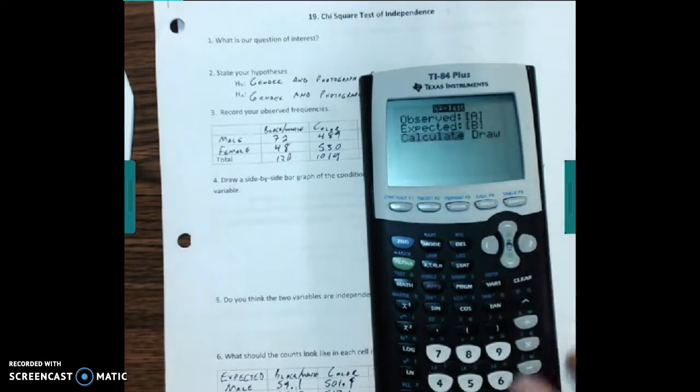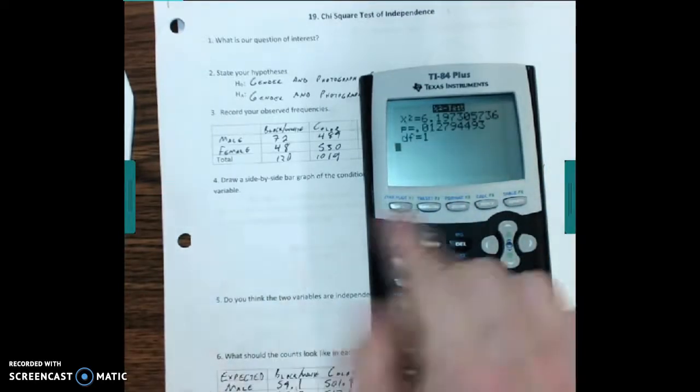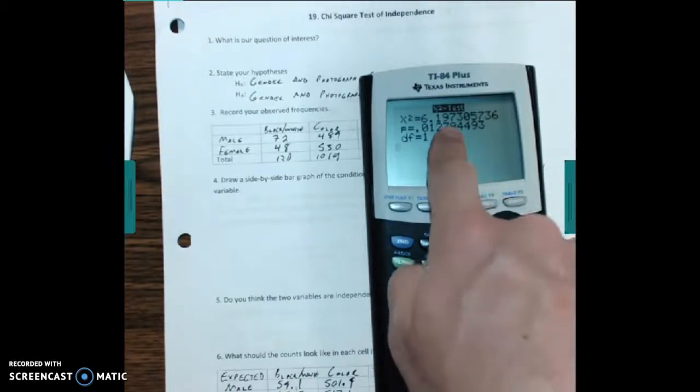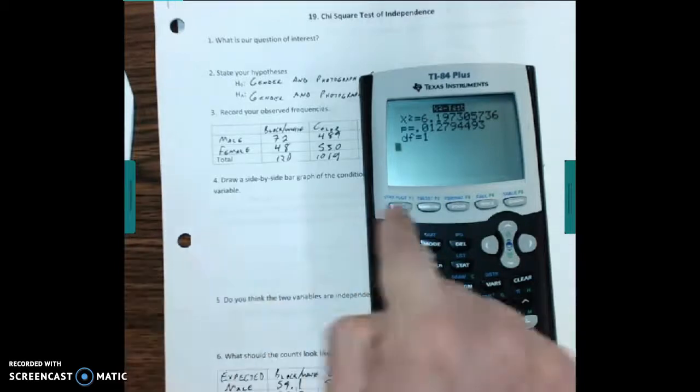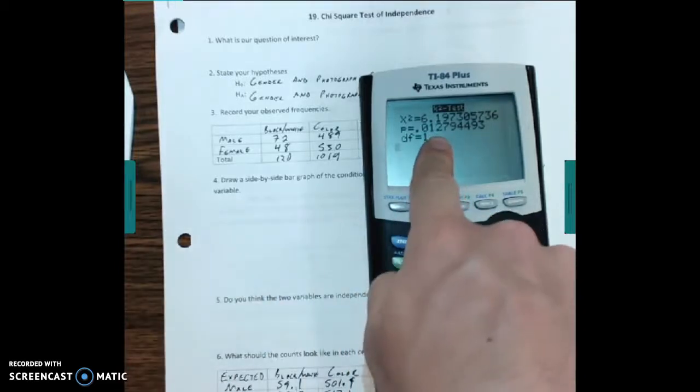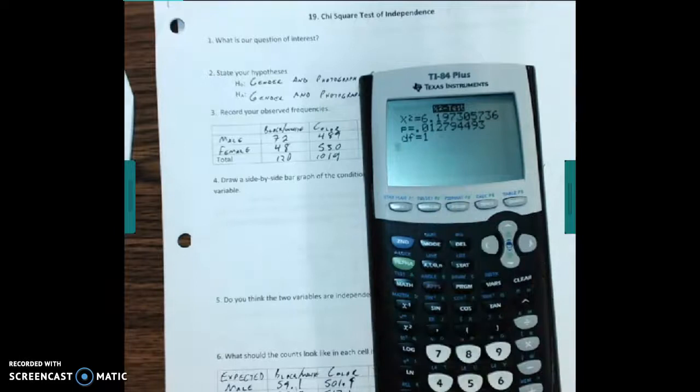You'll see why in a second. When I calculate this, chi-square is 6.2, which is exactly what we got. And that's a p-value of less than 0.05, which is what we got since we rejected the null hypothesis, with 1 degree of freedom. So this is a great way to double check your work.